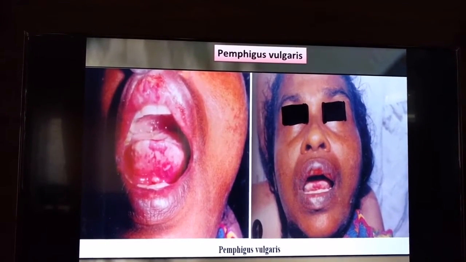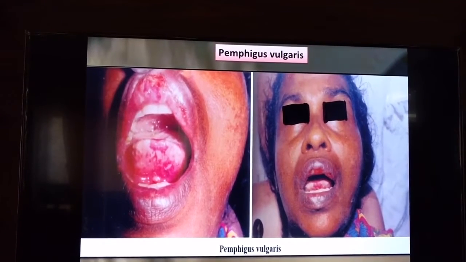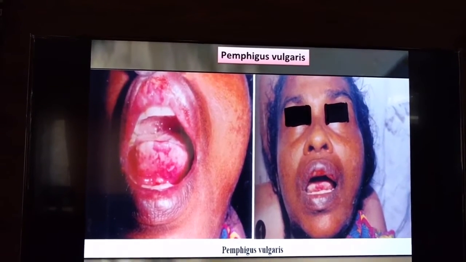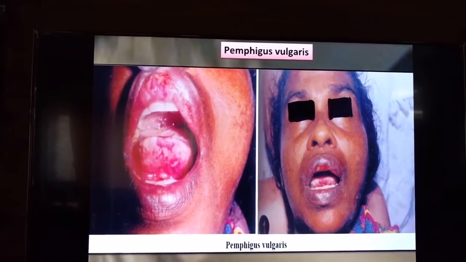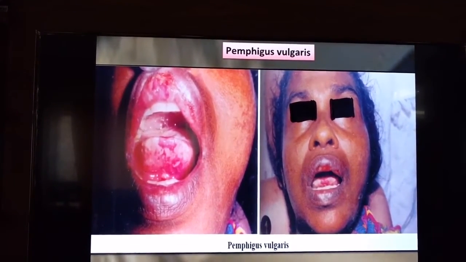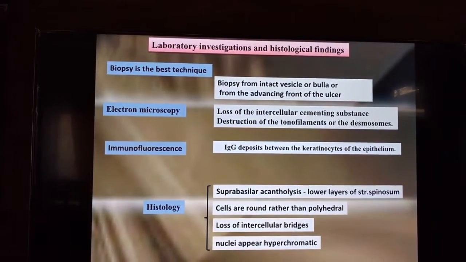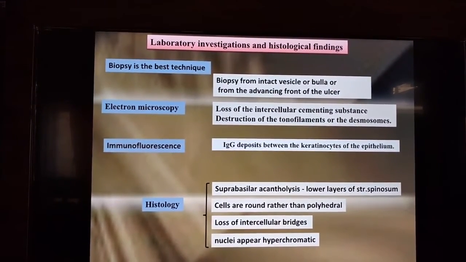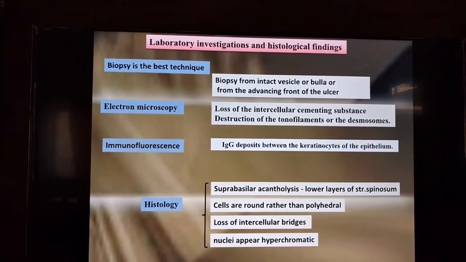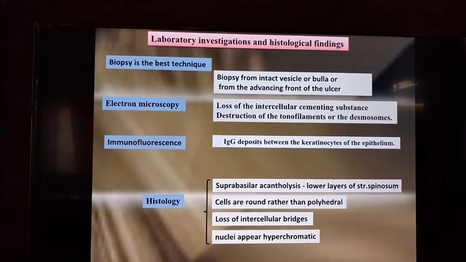The situation can be mild, moderate or severe, and depending upon the involvement, you may have to give high doses of steroids, about 1 to 2 milligrams per kilogram body weight per day, and it should be given in a tapering manner.